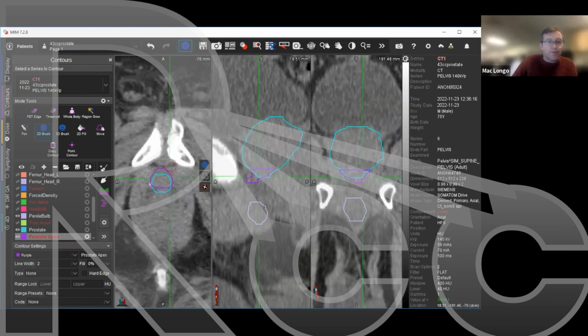Now, I'll tell you, only about 50% of CTs will clearly demonstrate that hourglass shape, which is the most superior aspect of the GU diaphragm and a good marker.